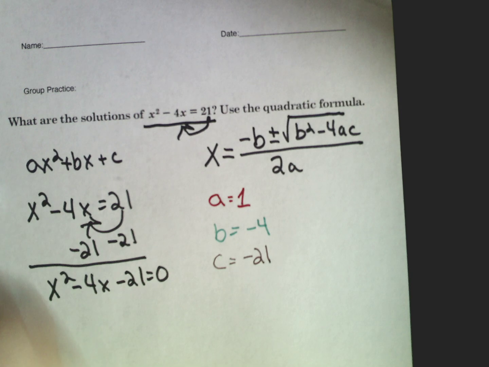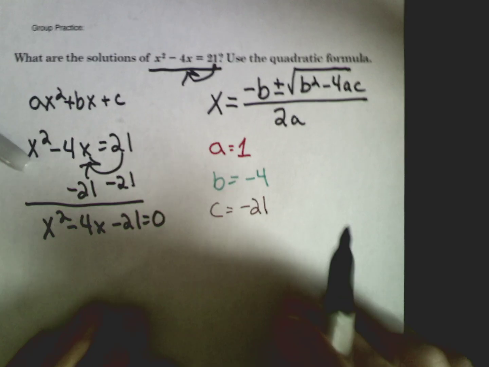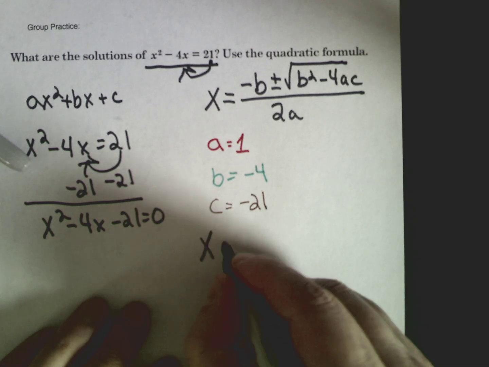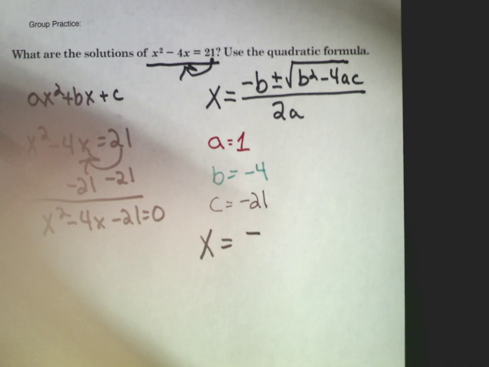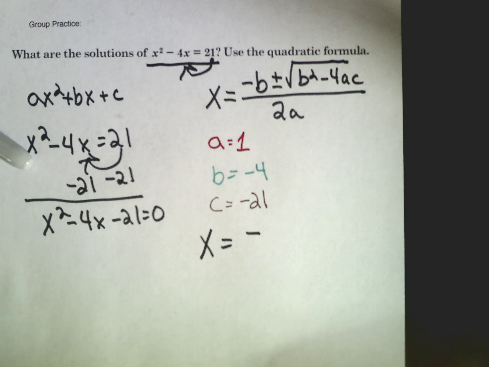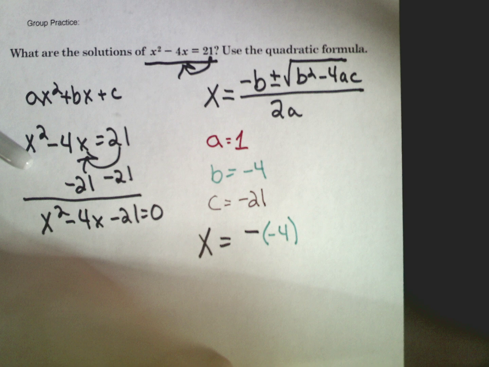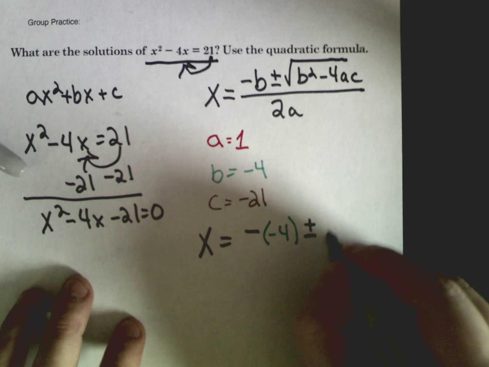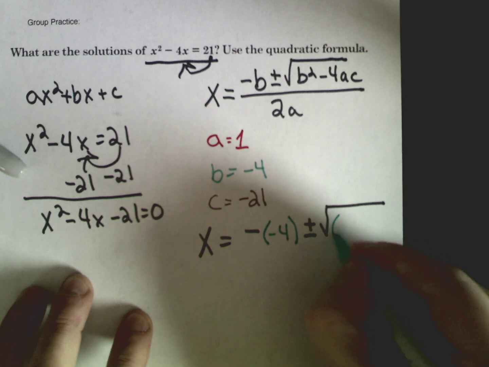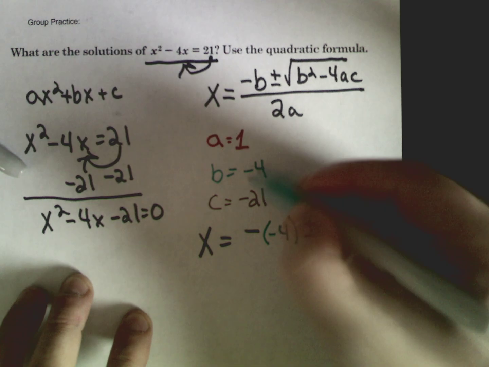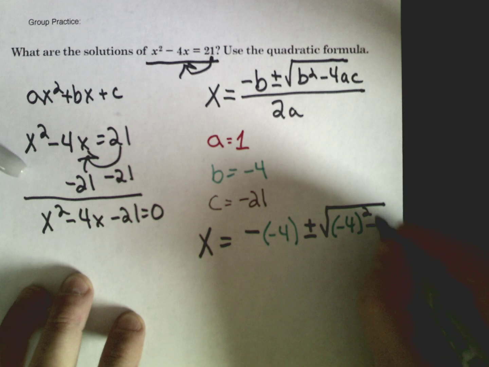Okay, let's see how we do this. We start off with this: x equals negative, well, negative my b. My b is negative 4. Plus or minus the square root of b squared, negative 4 squared, minus 4 times a, which is 1, times c, negative 21.